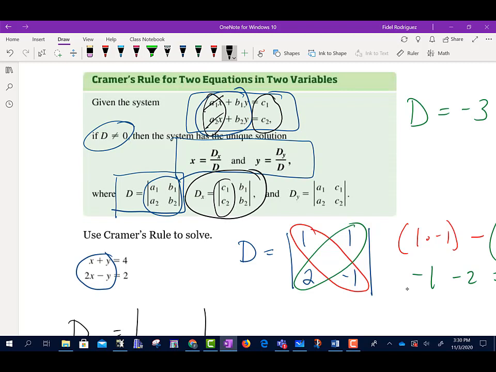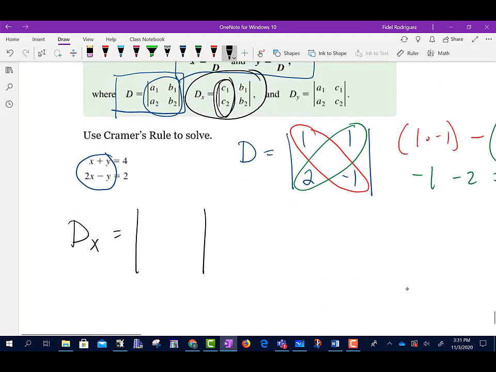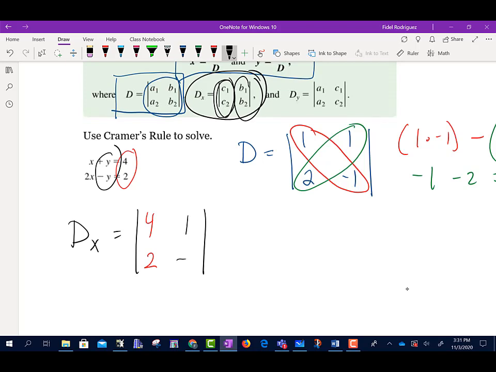We're going to take the numbers we have on this side and we're going to substitute them in here, and that's how we're coming up with those numbers right there. So instead of using the coefficients of the x terms, we're going to use these numbers. That's going to be 4 and 2. Now, the b's are still the numbers in front of my y's. Okay, so this is still going to be a 1 and a -1.